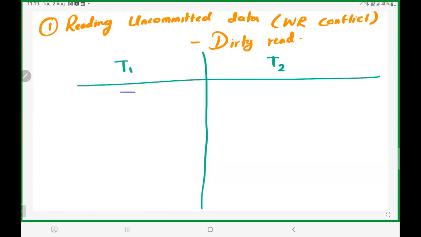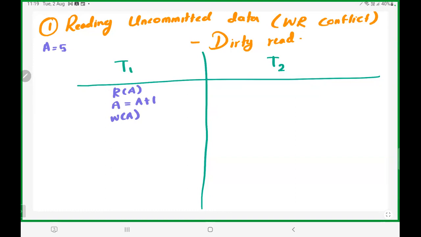Just think T1 is reading A. Take A as 5. Read A. Then the transaction will add 1 to this A. Then they will write A.